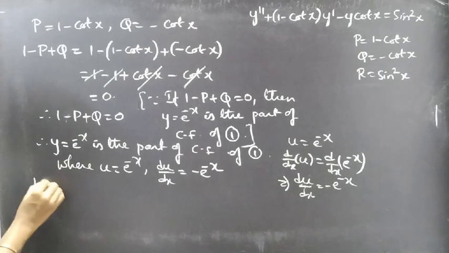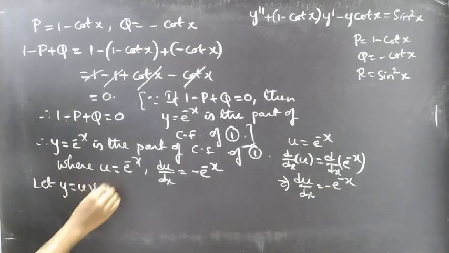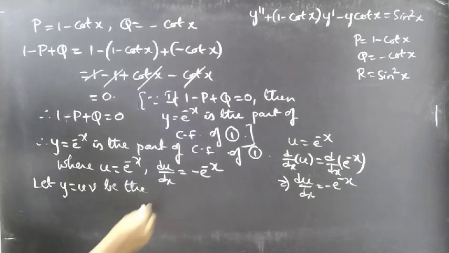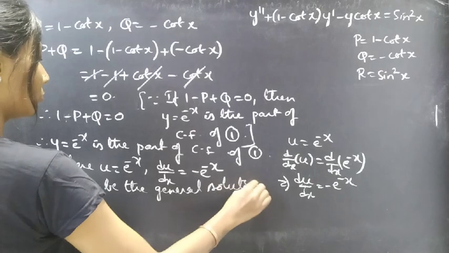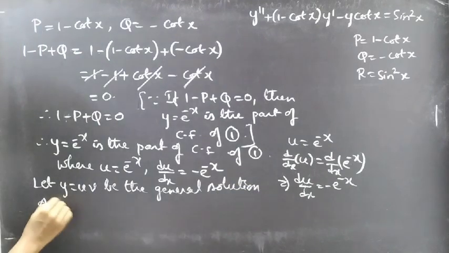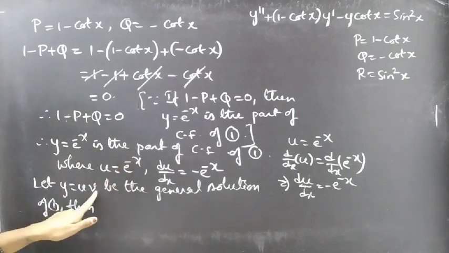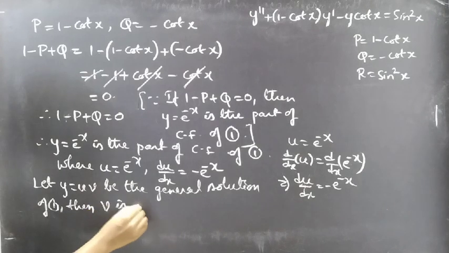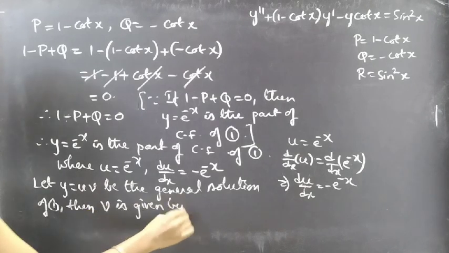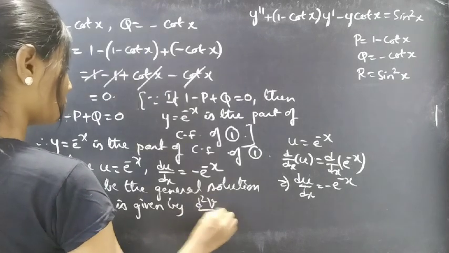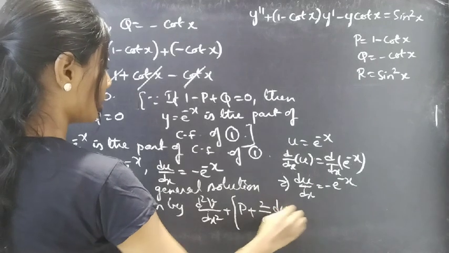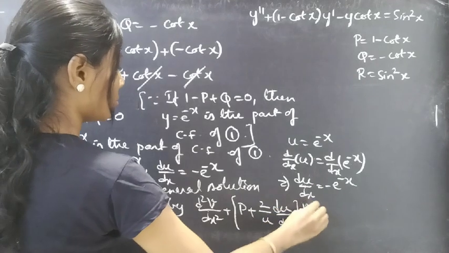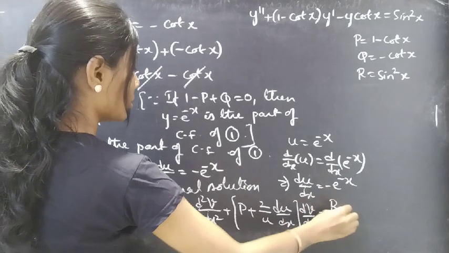Now let y = uv be the general solution of 1. Then we have u, which is e^(-x), but we need to find v. Then v is given by d²v/dx² + (p + 2/u du/dx) dv/dx = r/u.